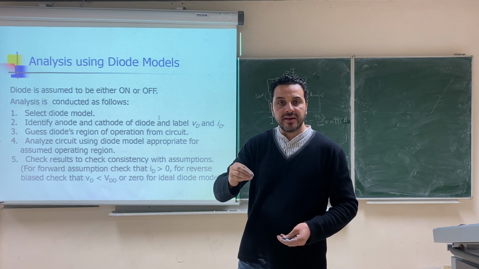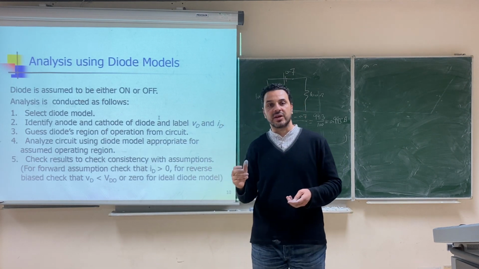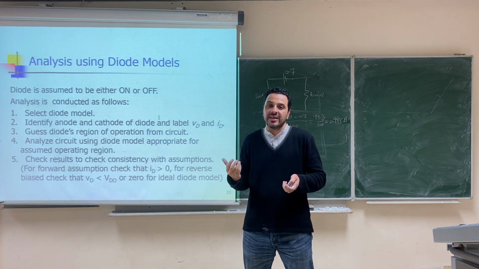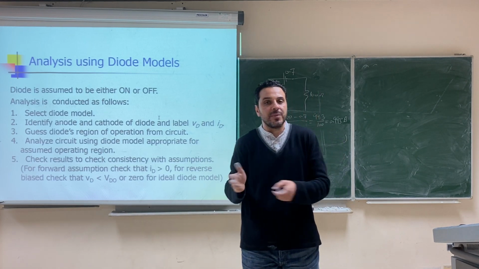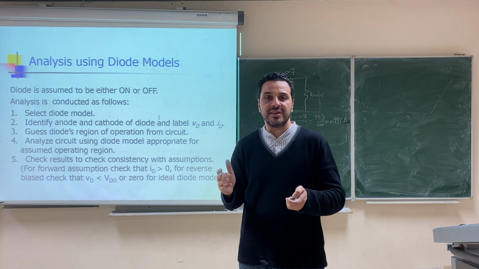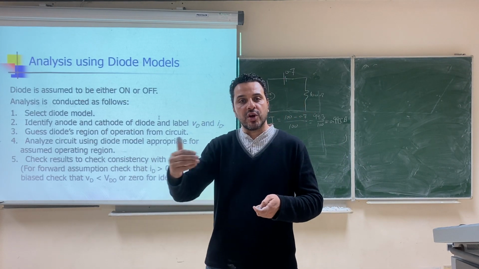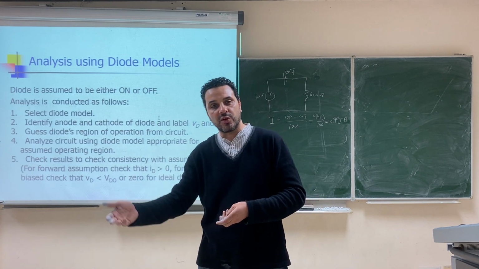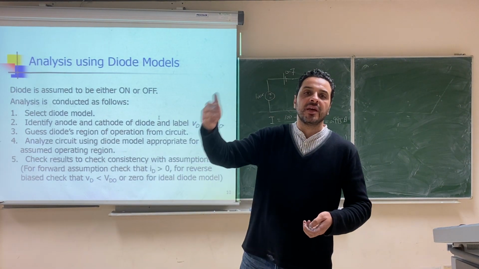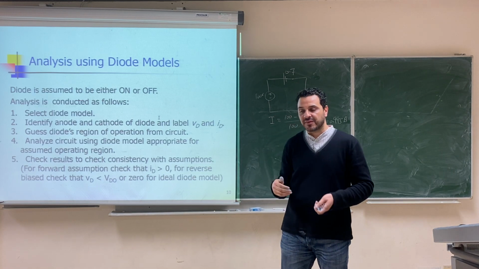And your assumption has to make sense. What do I mean by that? You can assume anything. But if you make a random assumption, then probably it will take you longer to solve the problem, because your assumption might turn out to be wrong, and then you will have to repeat the problem again with a different assumption.